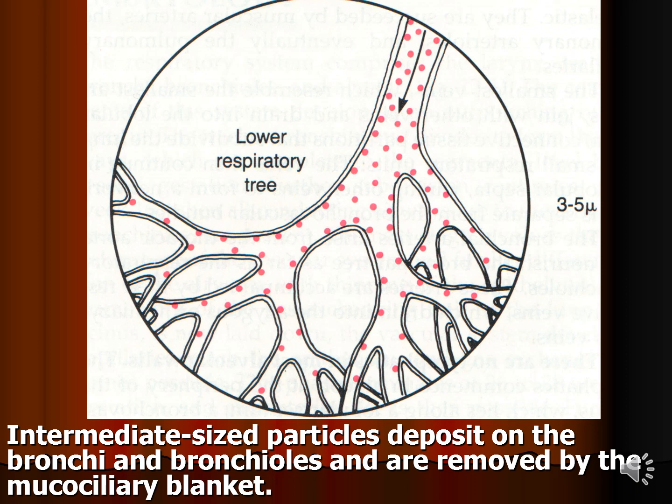Then we see the defense mechanism for 3 to 5 micron particles. Intermediate-sized particles deposit on the bronchi and bronchioles and are removed by the mucociliary blanket.